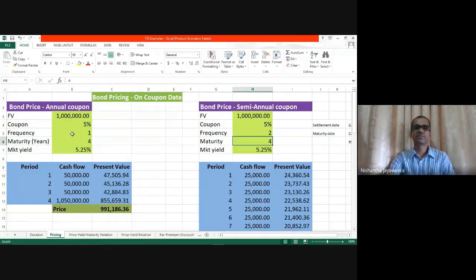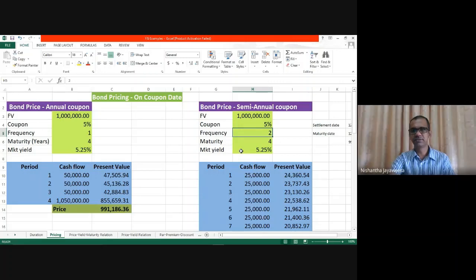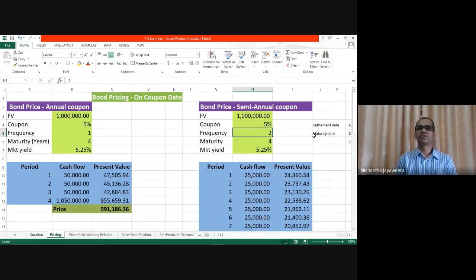In the first example, we calculated the price of a bond with annual coupon. The exercise that I have given, I asked you to calculate the same bond, same face value, same coupon, same maturity, same market yield, but with higher coupon frequency.